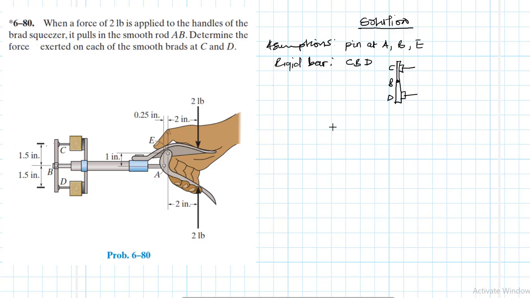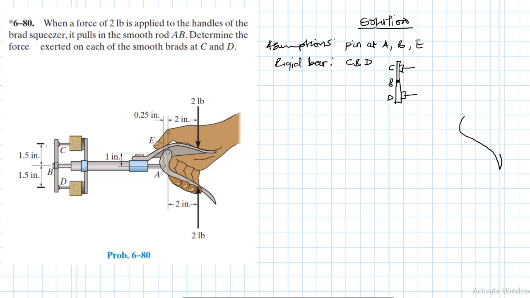So I'll draw a free body diagram for this member here. I'll remove this one, and I'll draw this quickly. It's something like this. Let me draw it.